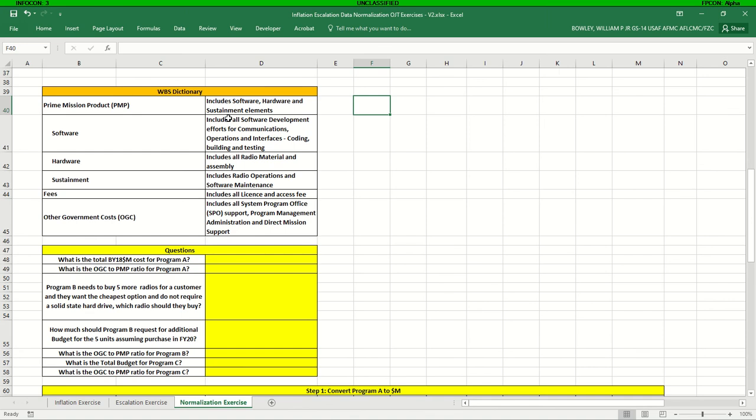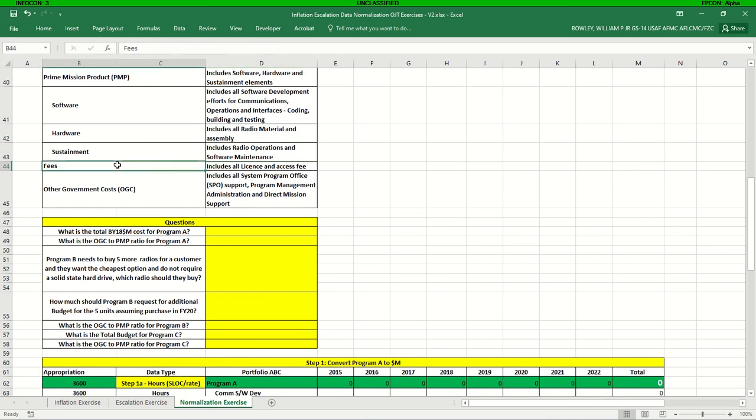Next, we've got a work breakdown structure dictionary. So this is going to be relevant as we work through answering the questions at the end of the exercise, where we've got the prime issue product, which has got 3 sub-elements of software, hardware, and sustainment elements. Then software has a definition, hardware has a definition, and so does sustainment.